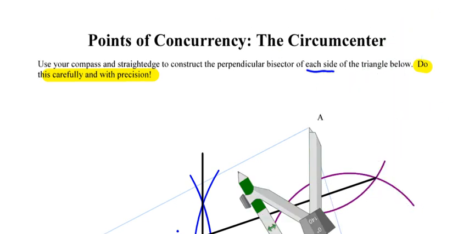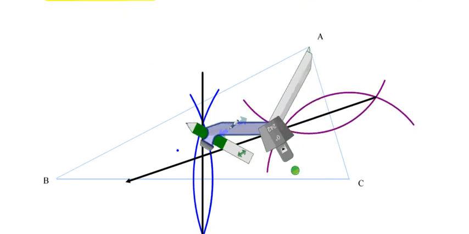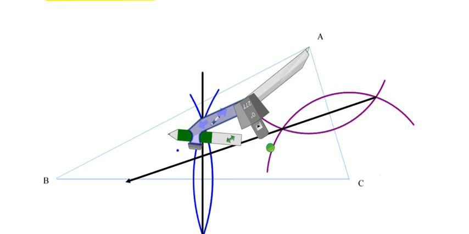Remember that in order to complete this construction, your compass has to be open to a setting that's at least half the length, or half the width, of the line segment.